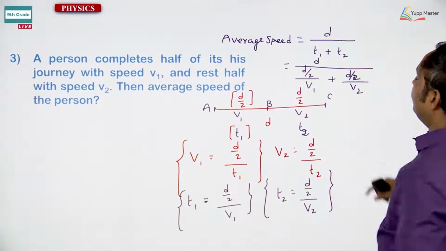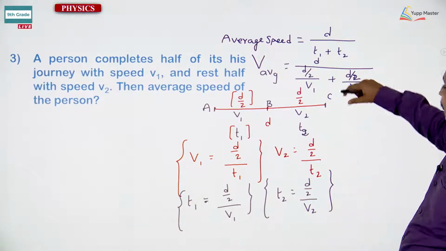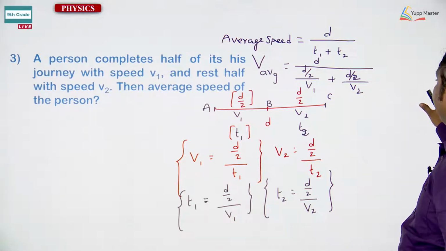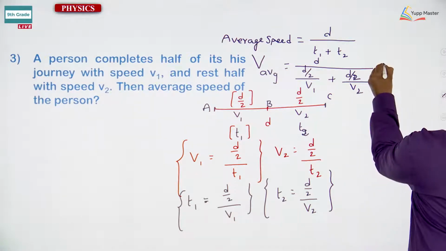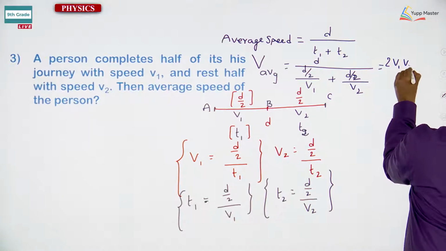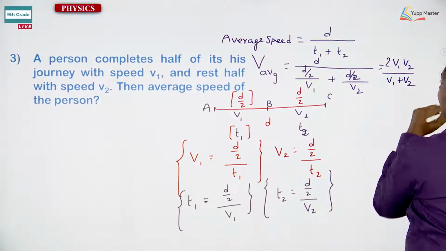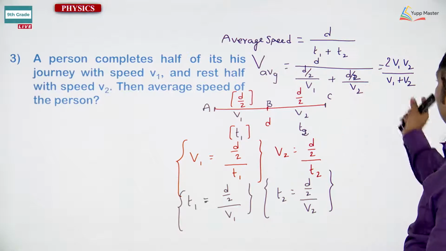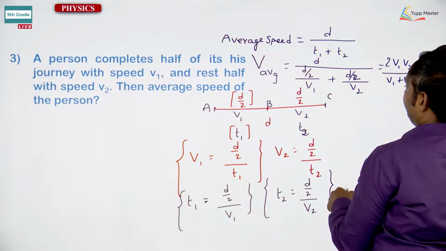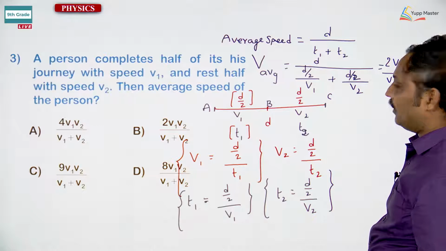That is V average. After the simplification, you will get 2 V1 V2 by V1 plus V2. With the cancellation, you get the cancellation of d. That is very clear. Now let us see the answer.